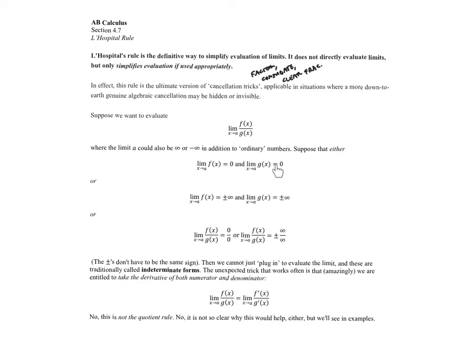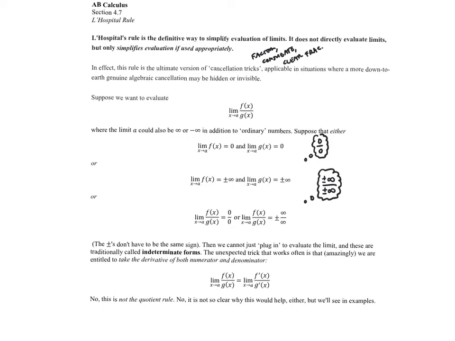Either 0 taking the form of 0 over 0. Of course, we never want to put equivalence attached to that. But if it fits this form, or it fits the form plus or minus infinity over plus or minus infinity, those are the two indeterminate forms which apply to L'Hopital's rule.